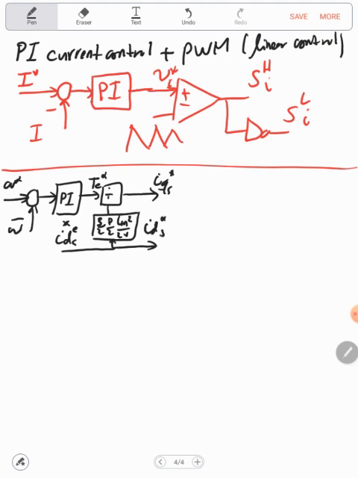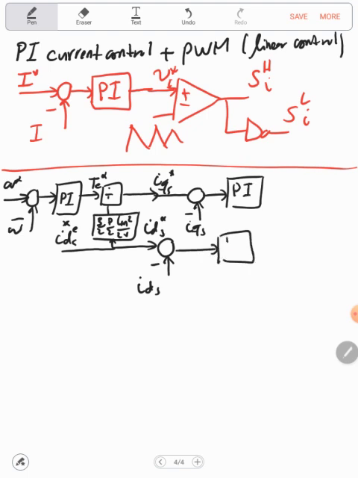Now here we will do the current control. So here we'll compare this one with the actual IDS, and here with the actual IQS. Then we will use a PI control here and a PI control here, and this will generate the VQS reference, and this will generate the VDS reference.